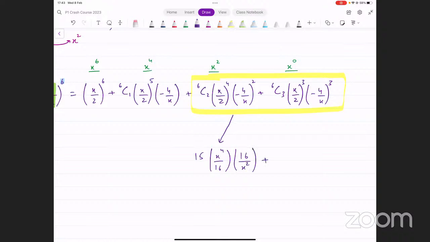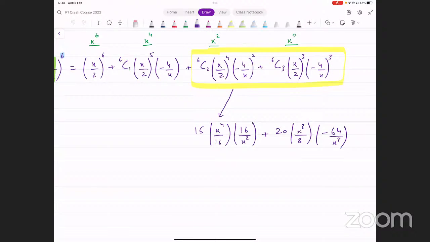The second term is 6C3, which is 20 into x cubed over 8 into minus 64 over x cubed. All right, let's just simplify this now. So the first of the two terms that we need gives us this, and the second term here is giving us this. Now let's just simplify both of them.